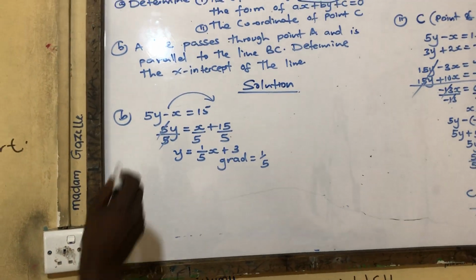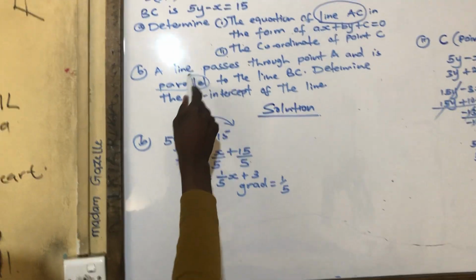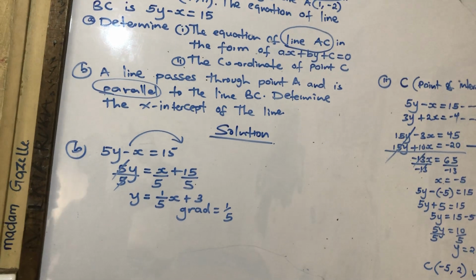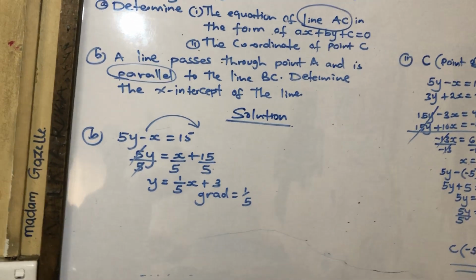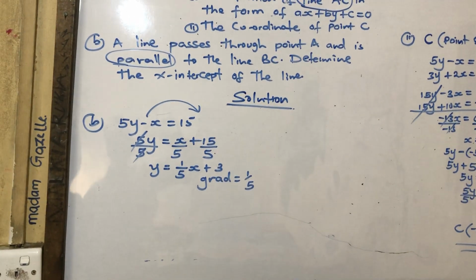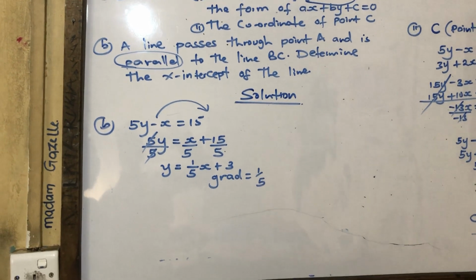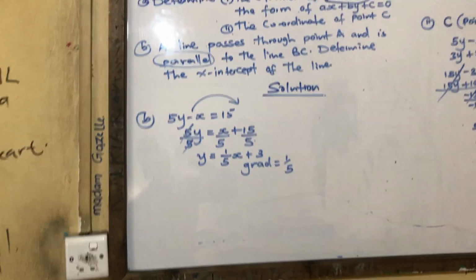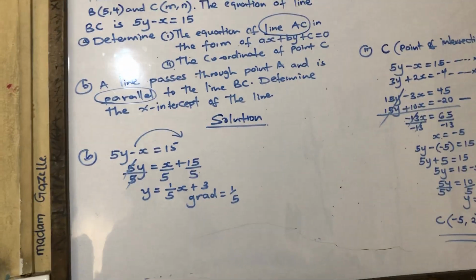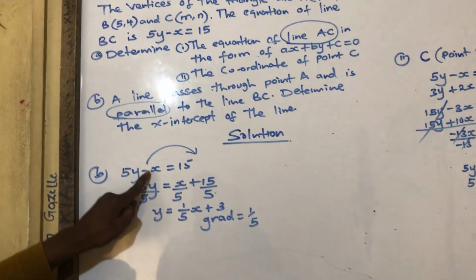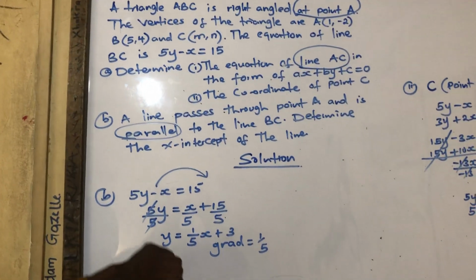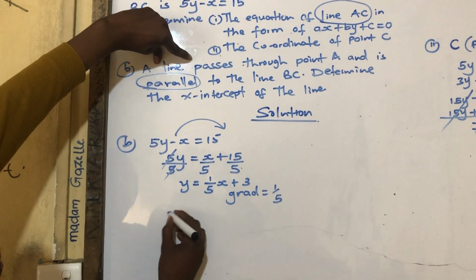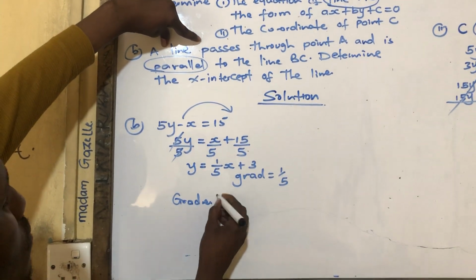But because the question said that this line is parallel to the line BC, what do we know about parallel lines? Parallel lines will always have equal gradients. That is to say, if line BC has a gradient of 1 over 5, then the line we are talking about should also have the same gradient of 1 over 5.